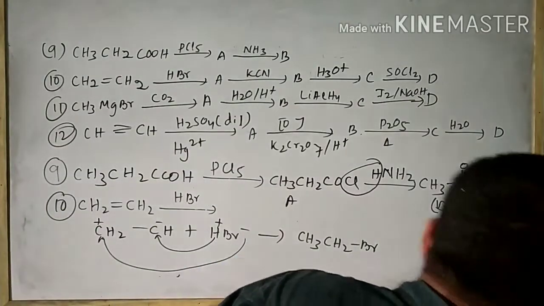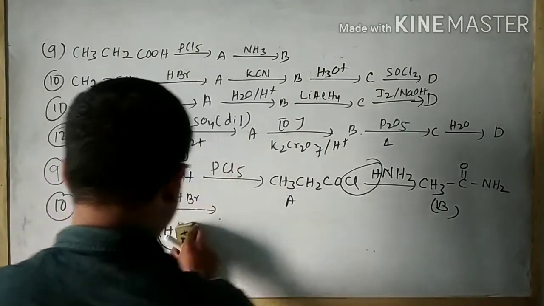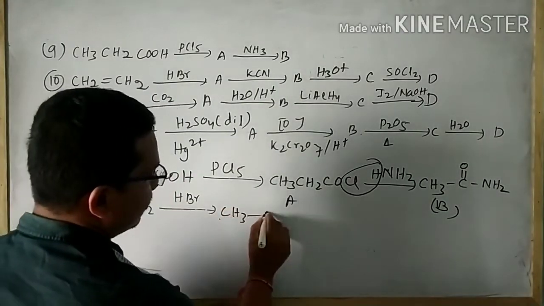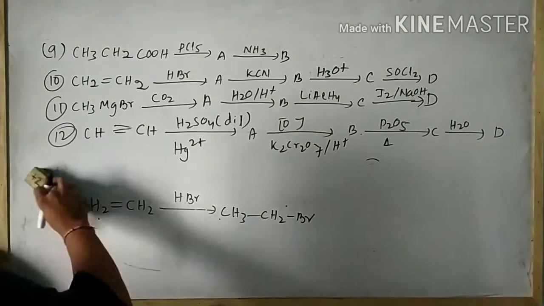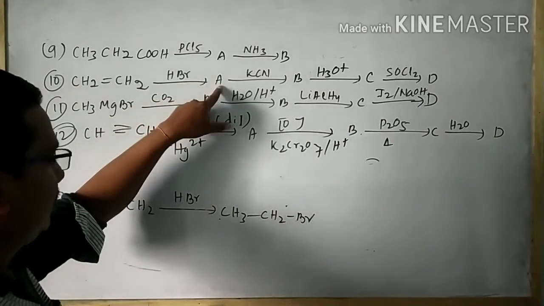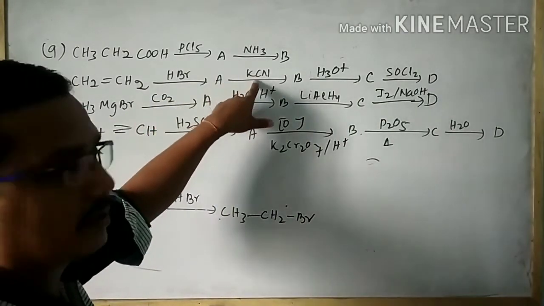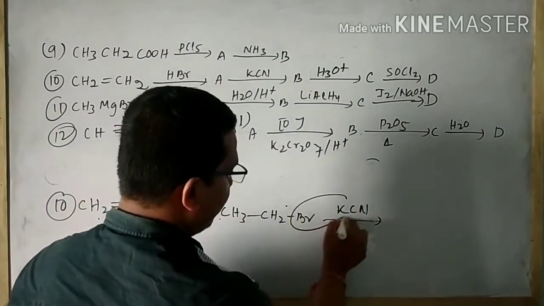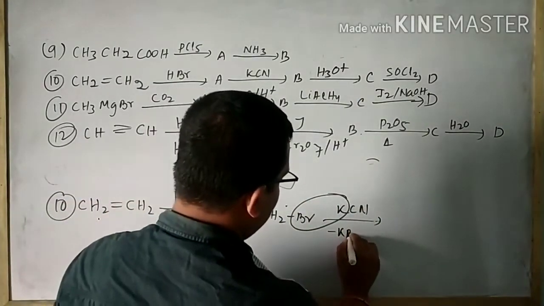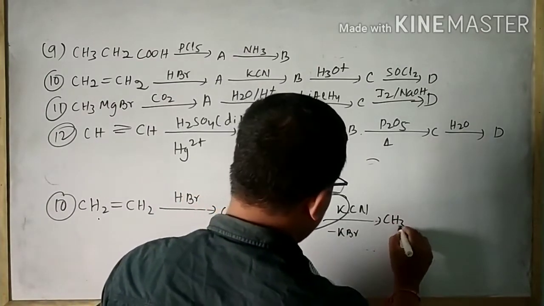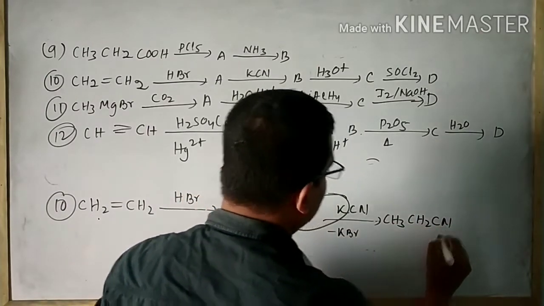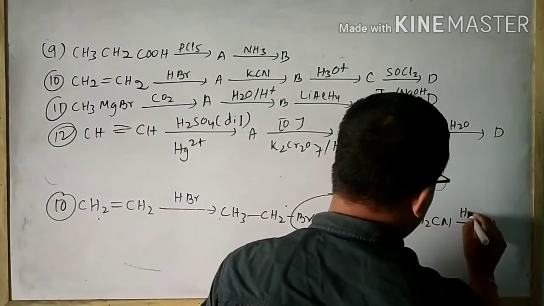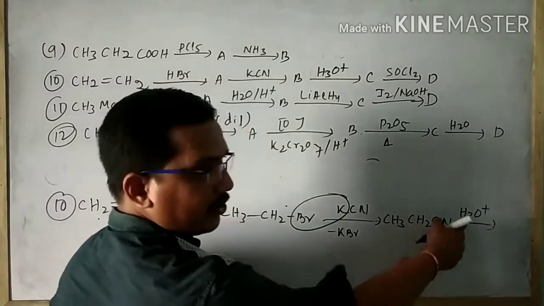So we can write CH3CH2Br. Next CH3CH2Br is subjected to reaction with KCN. Now remove KBr. Then what will form? CH3CH2CN. Then this product will react with H3O plus. This is your acid hydrolysis.